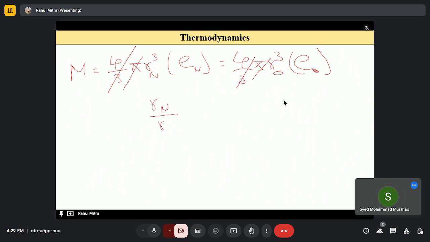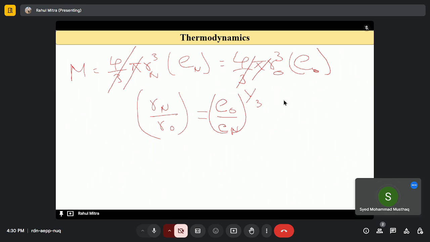R mu by R old equals density of old divided by density of mu, whole power 1 by 3, because the radii are cubed.